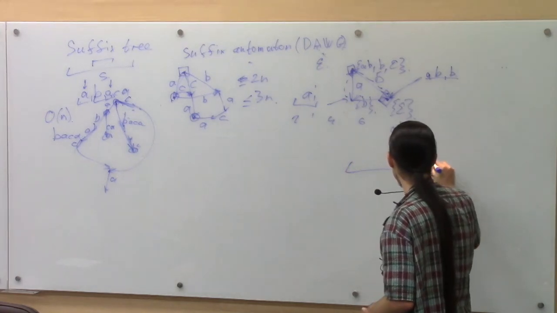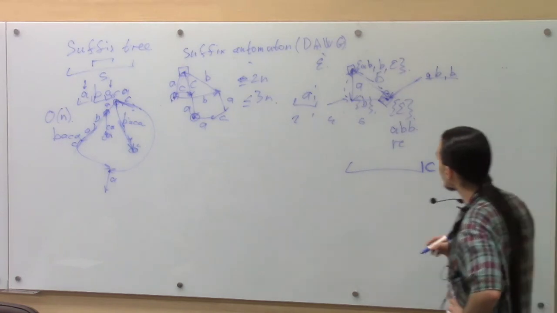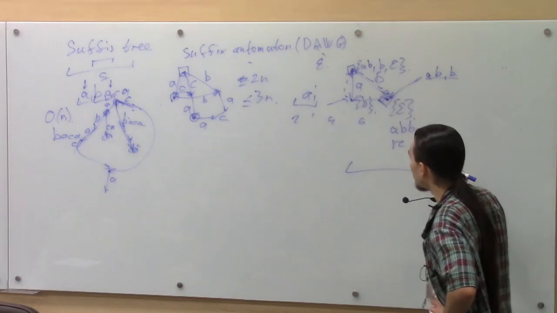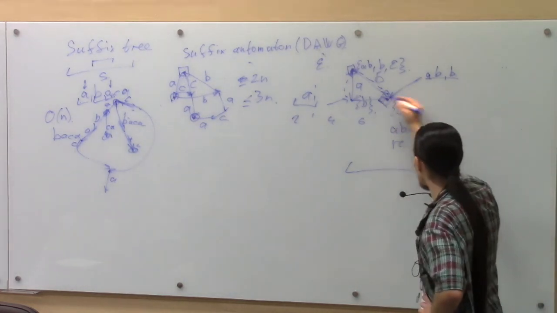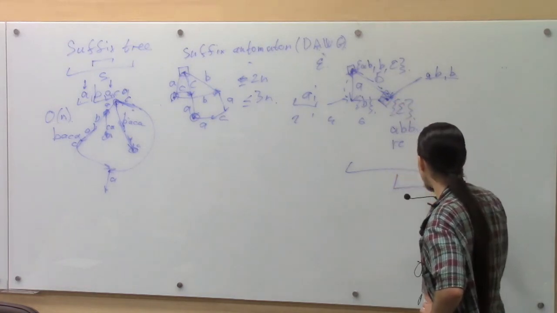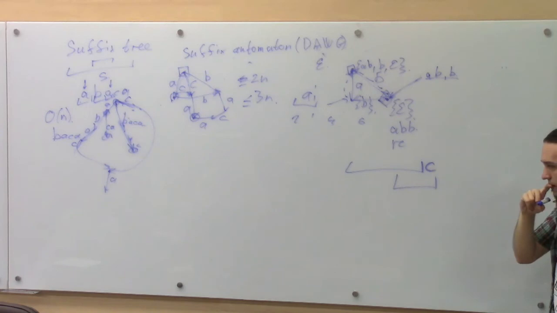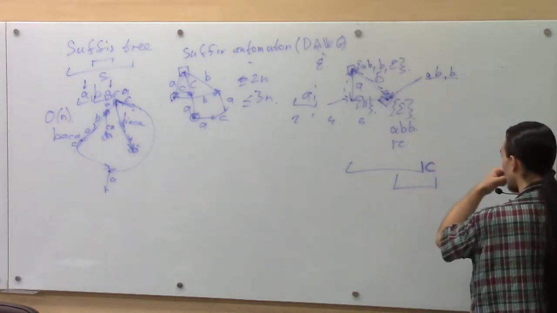So basically, we have this new string, and so okay, what are the new suffixes? Let's consider a suffix here that contains a C, and the state that it should go to.